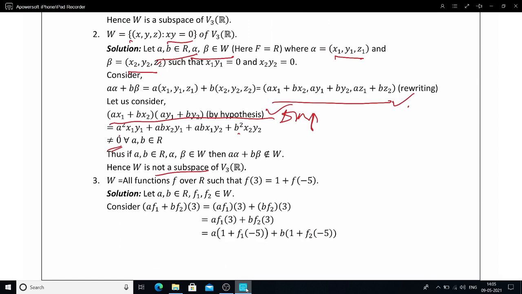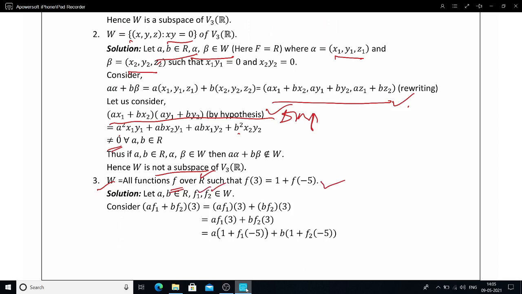Next example. W is a set containing functions over a real field, where the condition is f of 3 is equal to 1 plus f of minus 5. In place of alpha and beta, I will take f1, f2.